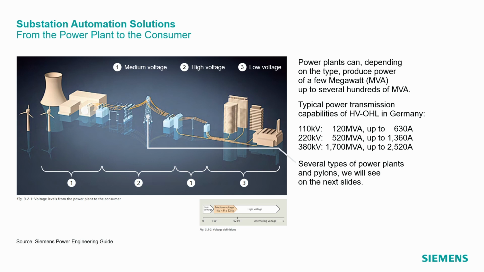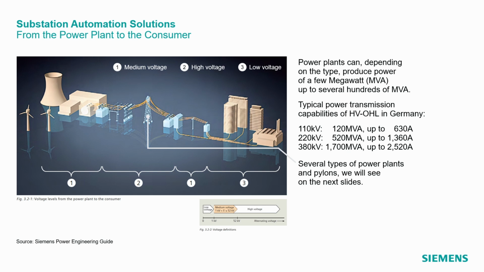Starting left, the energy we want to use in our households, typically 100 volt AC or 230 volt AC, must be produced somewhere to be available in our power outlets. On the left-hand side, you can see the places of origin, the power plants.